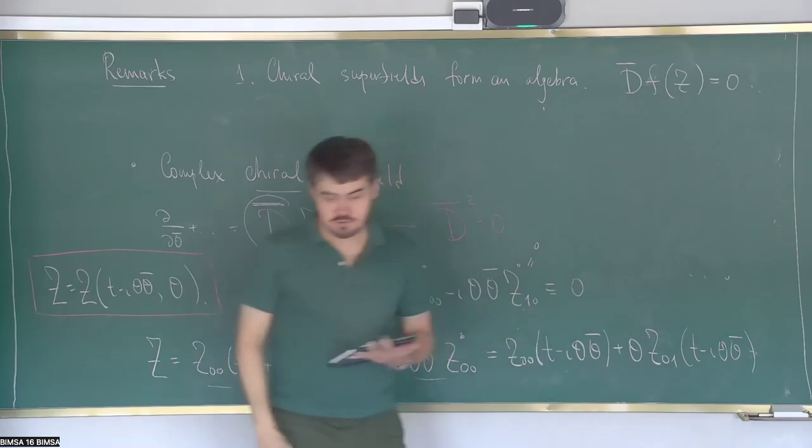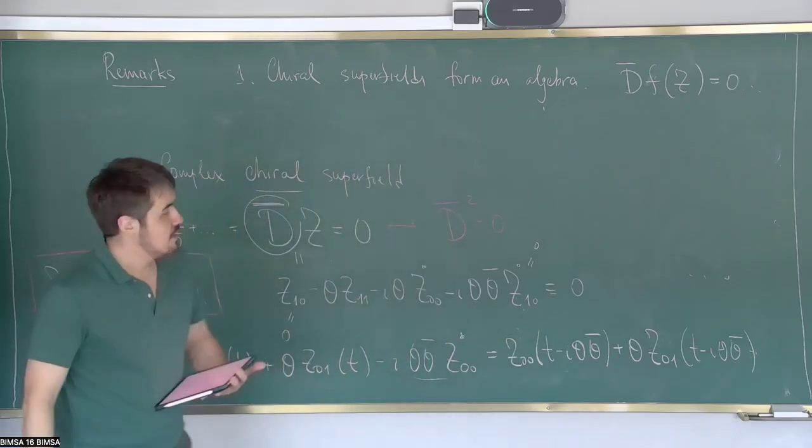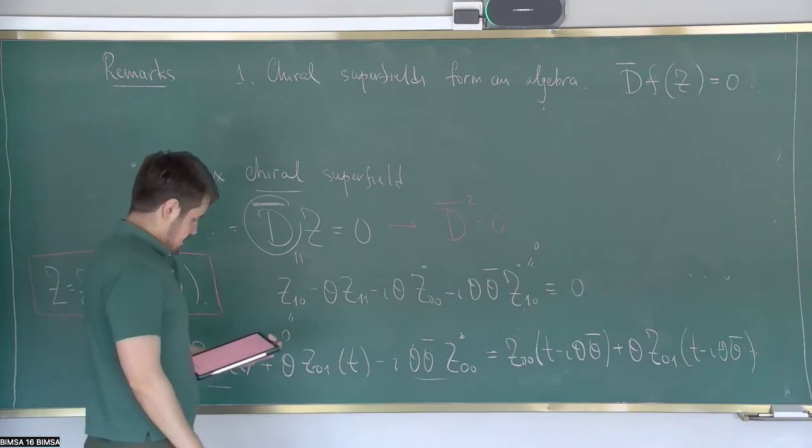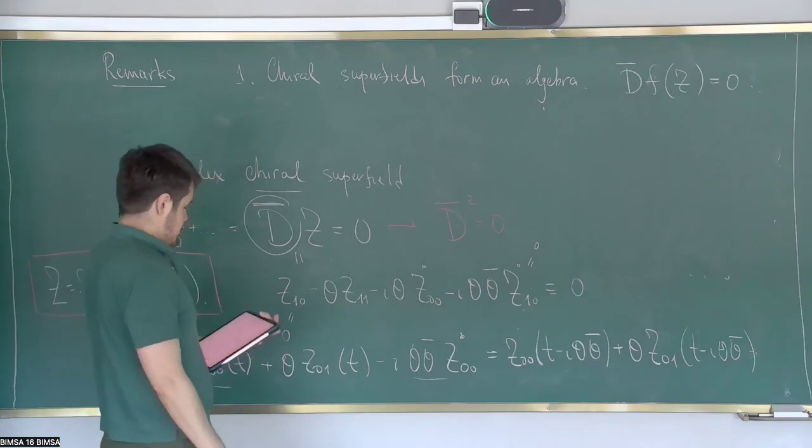Take an arbitrary polynomial in z, just by the Leibniz rule, it's also annihilated by d bar.